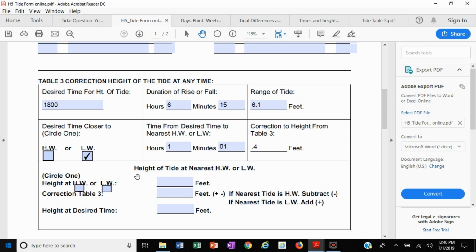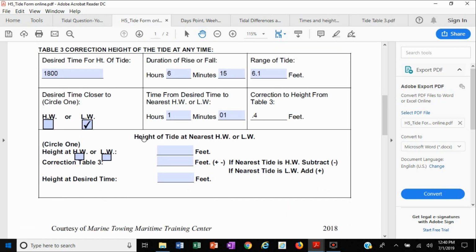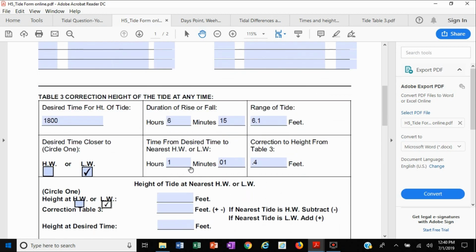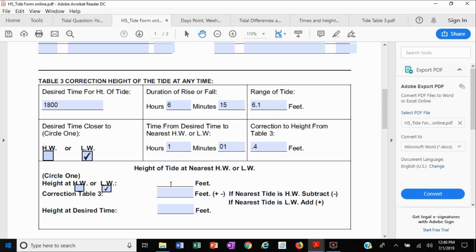Now we come down here and we're almost done, guys. We come down here to the height of tide. Is it nearest high or low water? Again, we dealt with low water today. What is it? It is negative 0.5 feet. So we plug that in, negative 0.5.